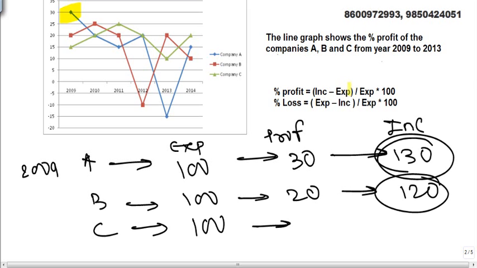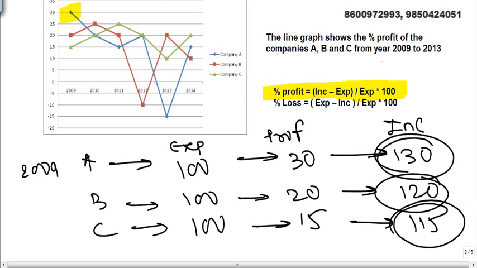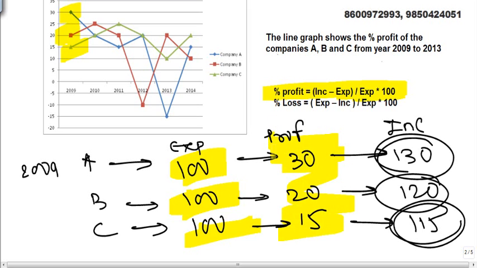Beta, percentage profit is on expenditure. This is simple. So if someone asks who had highest profit in 2009, the answer is cannot be determined.